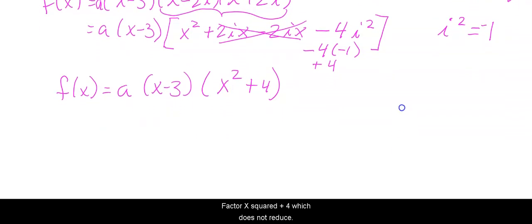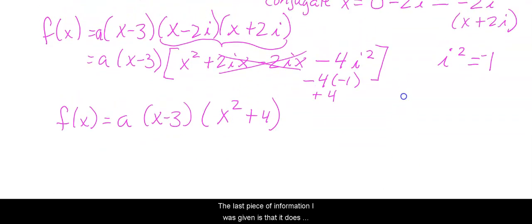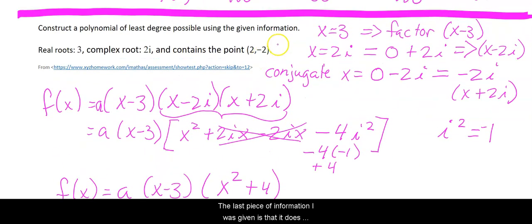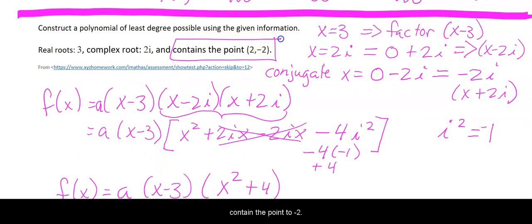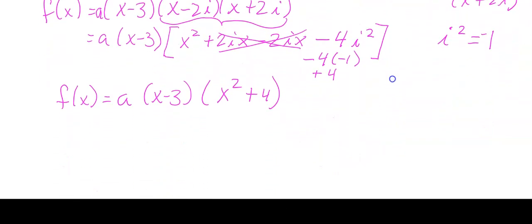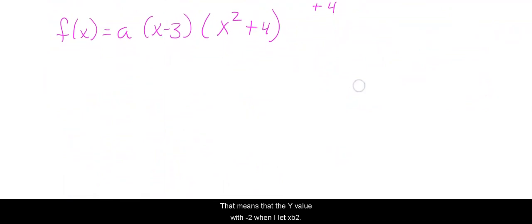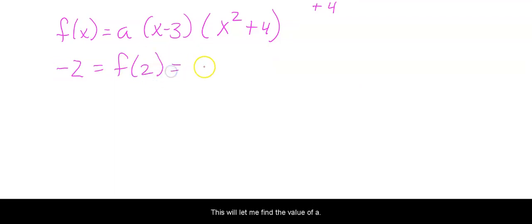The last piece of information I was given is that it does contain the point 2, negative 2. That means that the y value is negative 2 when I let x be 2. This will let me find the value of a.